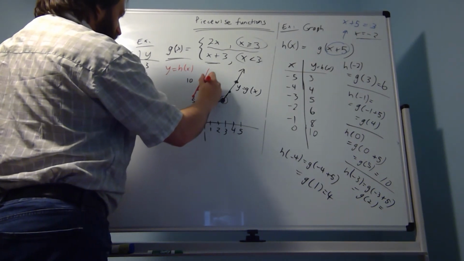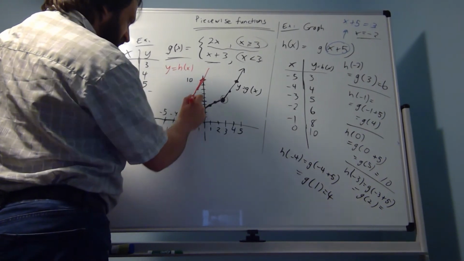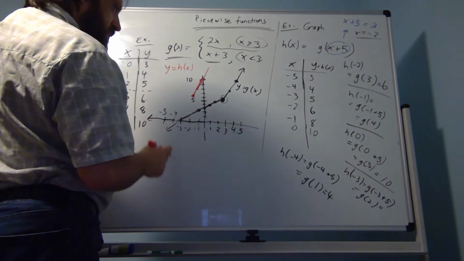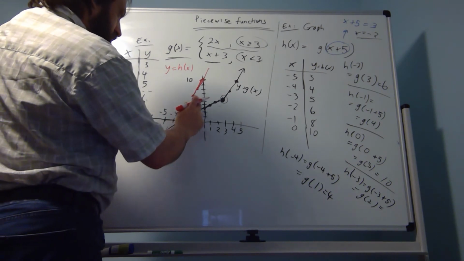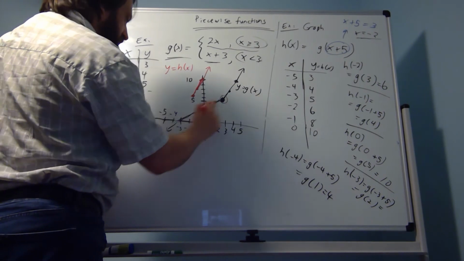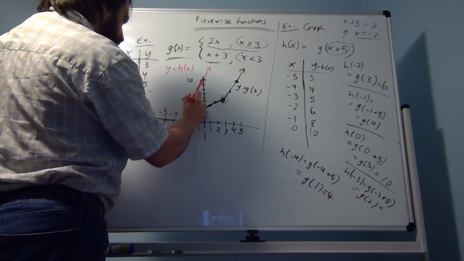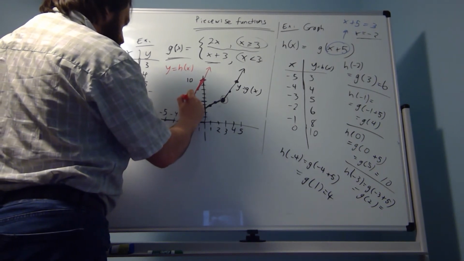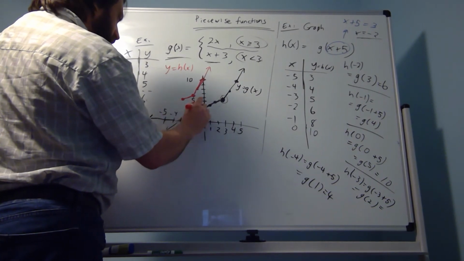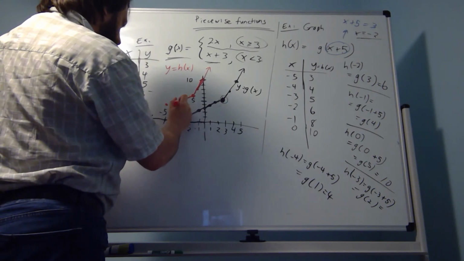This marker is starting to turn black because the red marker touched the black ink. And then it's steep, and then it's not as steep. So when we get to -3, we're only at positive 5. And then -4, we're only at positive 4. And so on.